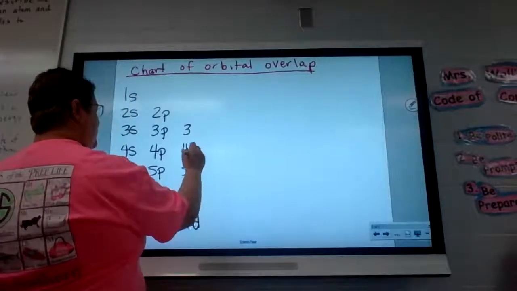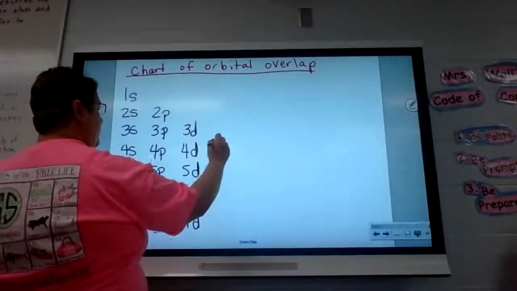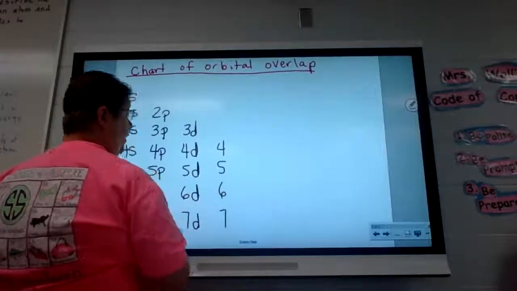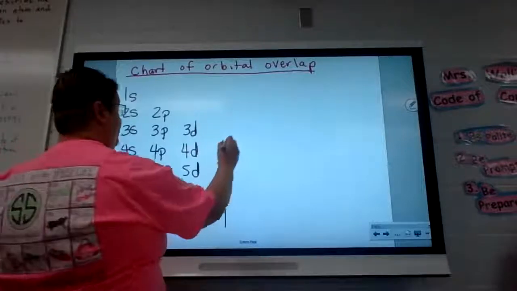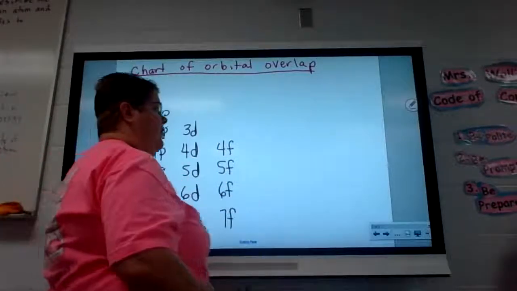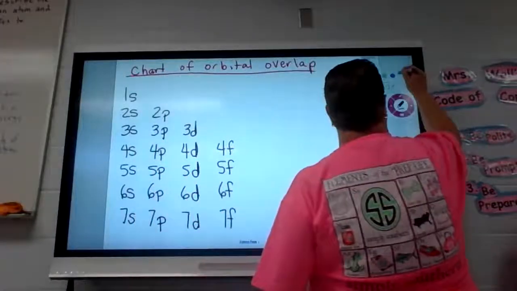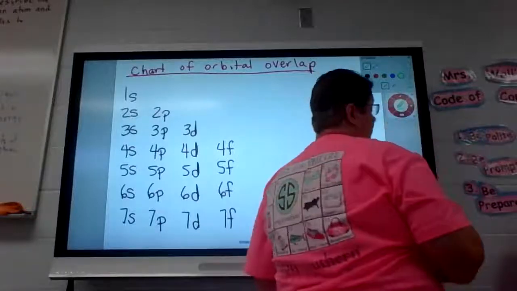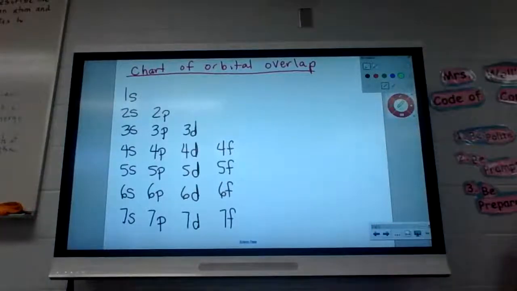So what will the last row start at? What letters go beside them? Okay. Now, that is the easy part. Drawing the 1 through 7 and the SPDF is the easy part. Now we have to draw in the arrows.